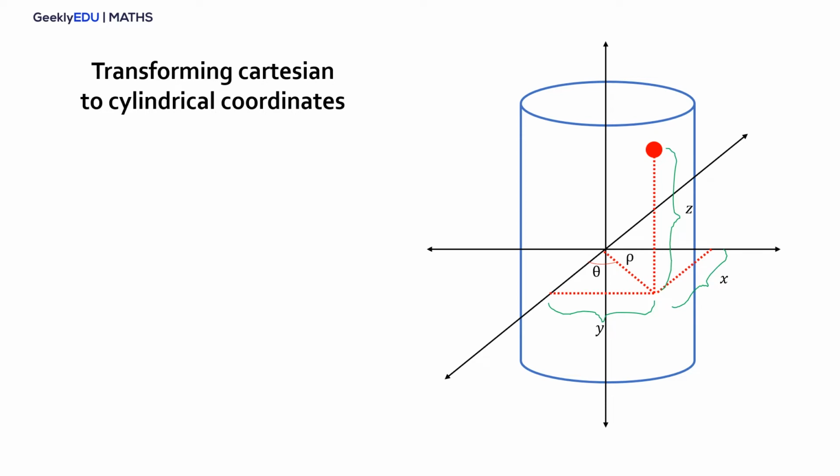In this one, the hypotenuse is ρ, and therefore x is equal to ρ cosine of θ, and y is ρ sine of θ. The z component is the same in both coordinate systems, since it is the height of the point in the three-dimension system.